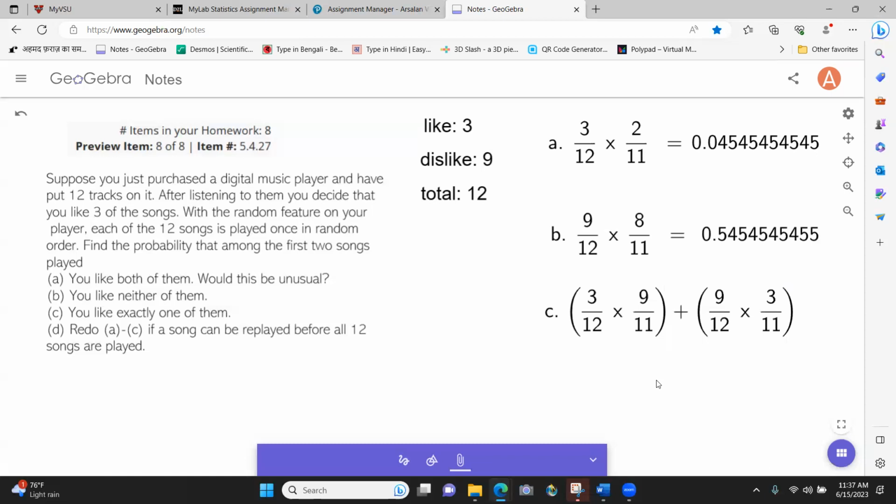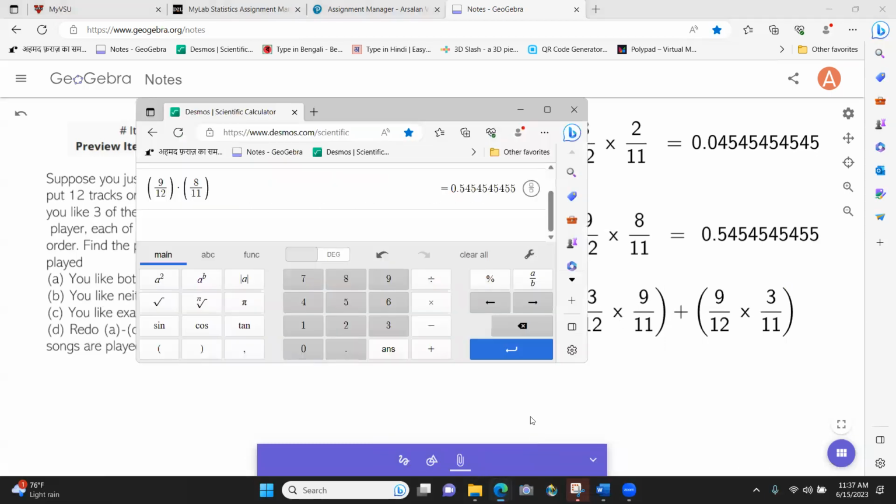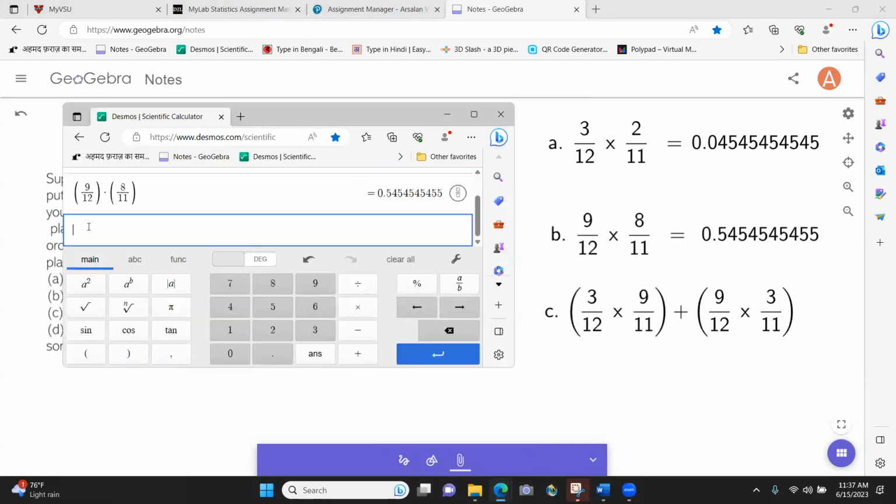So it's a good idea, especially when you're taking your exam, to simplify some of these things. So when you enter things in your calculator, you're less likely to mess things up. So take a look. 3 times 9 is 27. And 11 times 12 is 132.